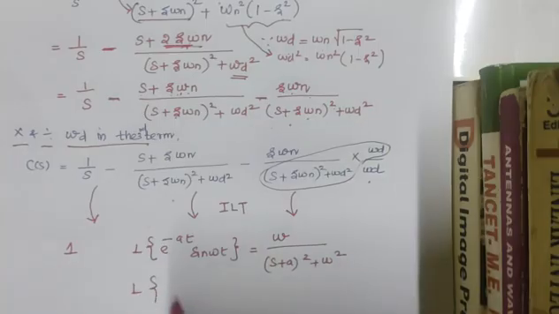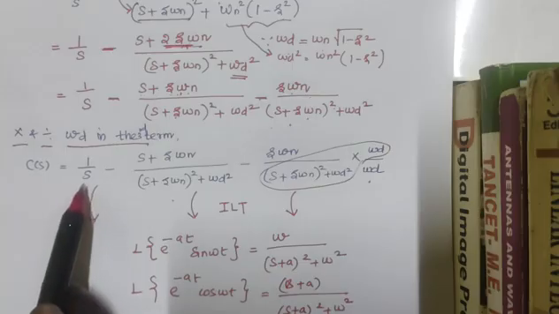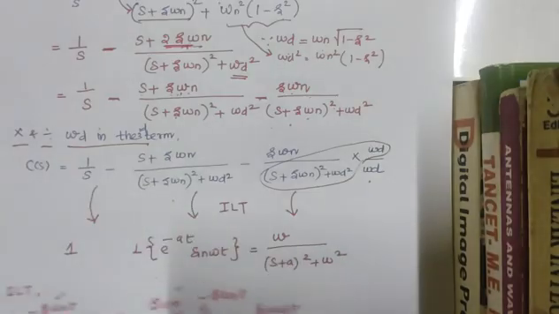Similarly, the inverse Laplace of e power minus at into cos omega t will give s plus a in the numerator divided by s plus a the whole square plus omega square. So use this to compute the inverse. If you take the inverse of 1 by s, you will get 1. I'll show you.